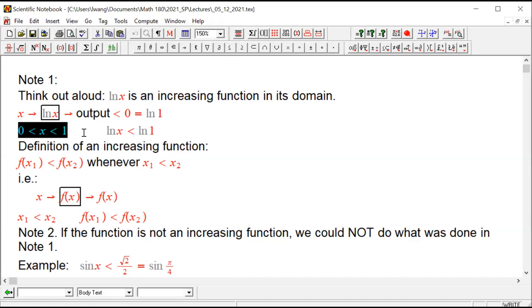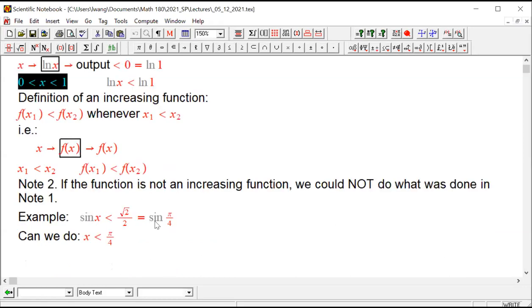Some exponential functions are increasing. So only for increasing functions can you do that. If it's a decreasing function, you have to reverse the relationship. So we cannot do that.